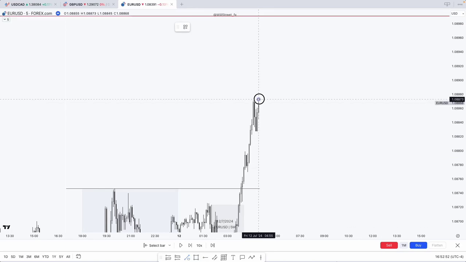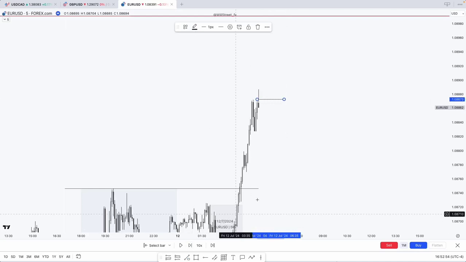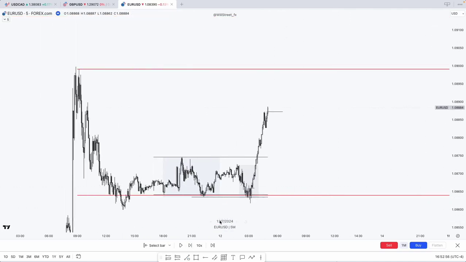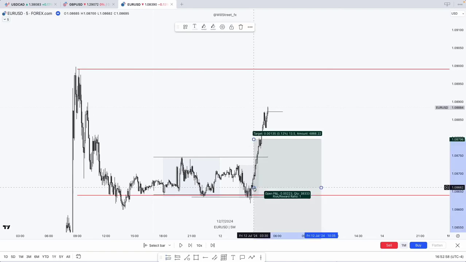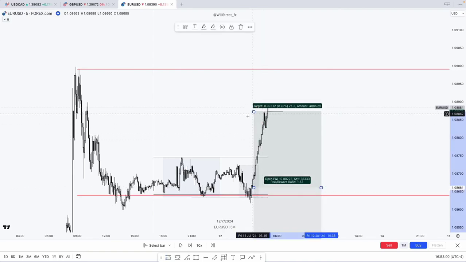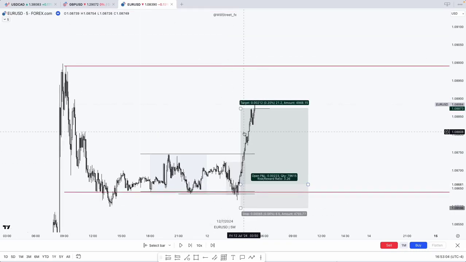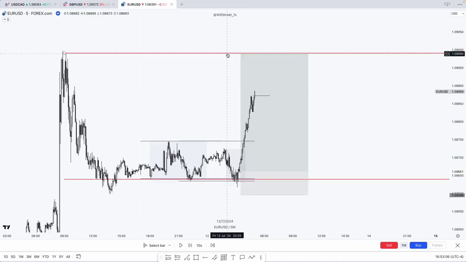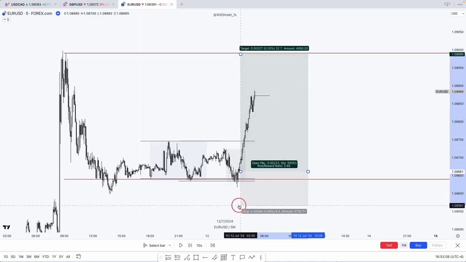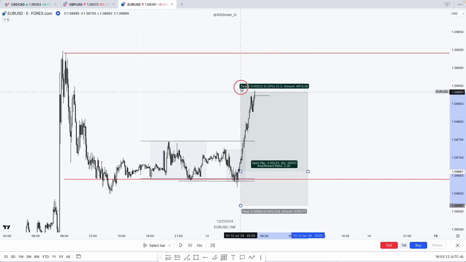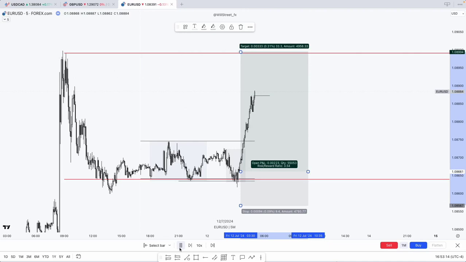Here, 55, and exit here. Something like this. We are always aiming for 3 hours. That could be a scenario. You can exit here at 2 hours, or you can just leave the trade to run.